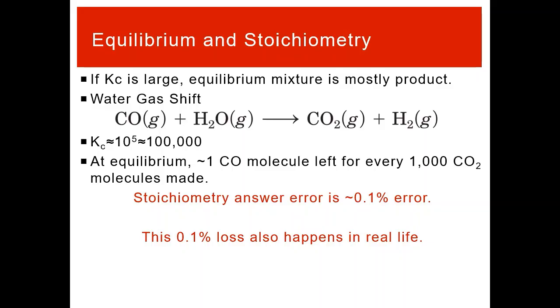Equilibrium is one of the biggest reasons why you don't get a perfect percent yield, because there is some loss. Your stoichiometry assumed that equilibrium didn't happen, that it went fully to products, and that's not real. So if you want to make up for that 0.1% loss, the fact that there is still some reactant present, you're going to need to use an equilibrium description to figure out how to control it, how much is left over, and how much you can get.